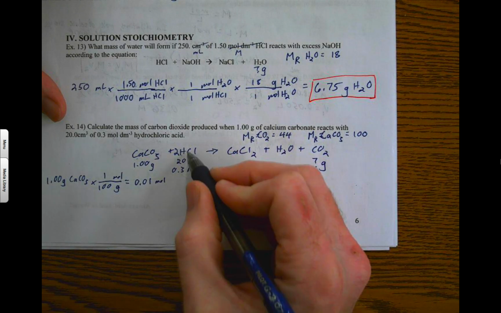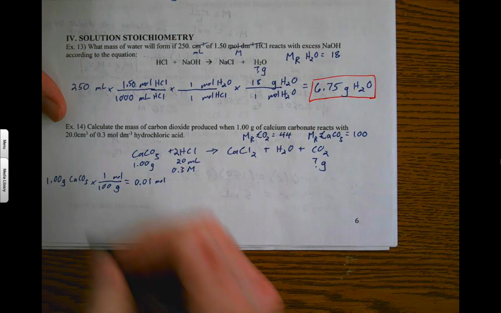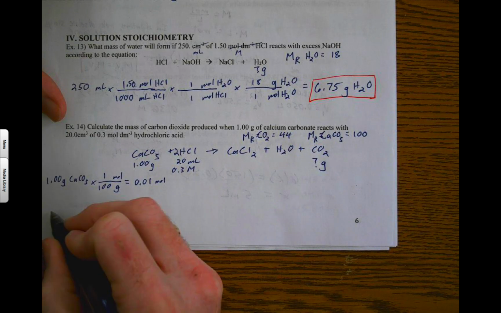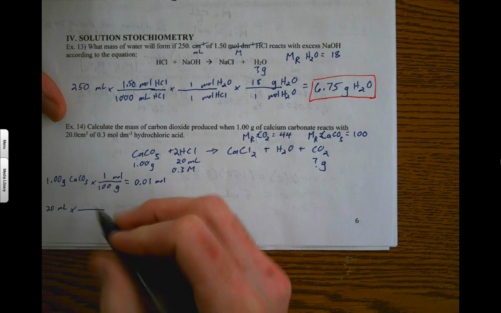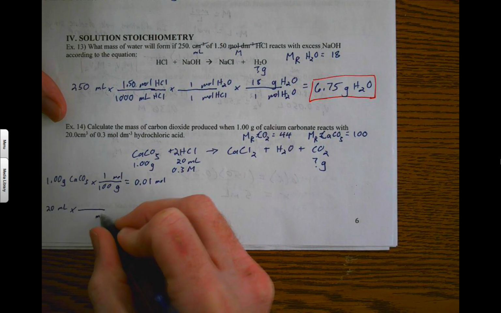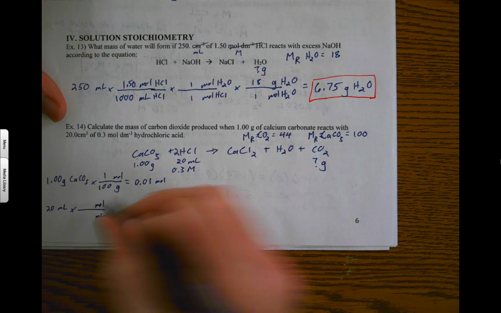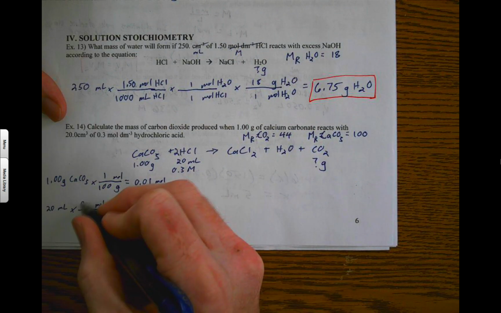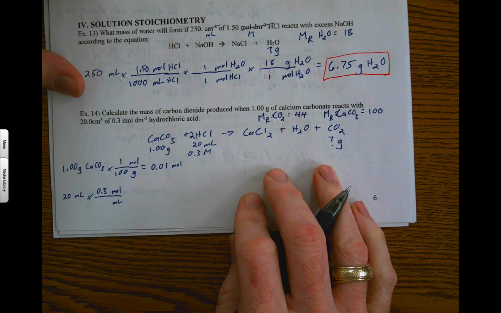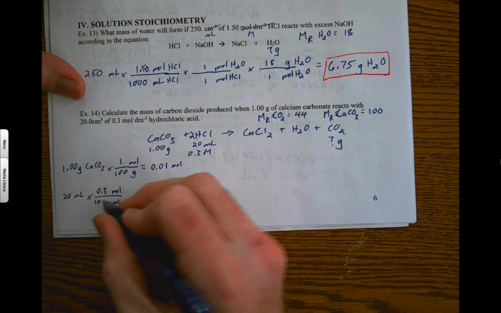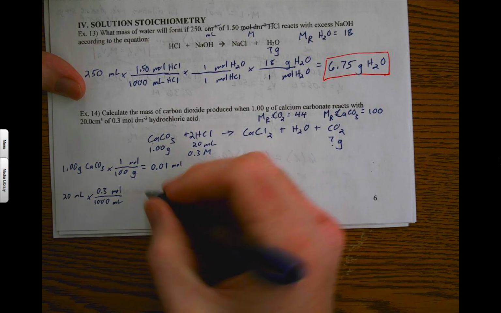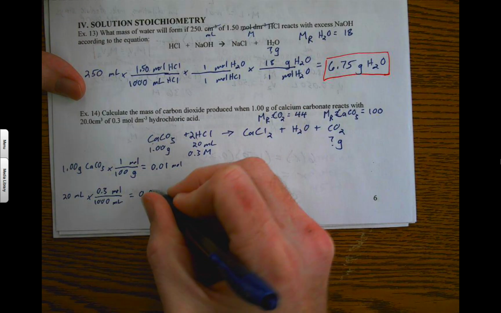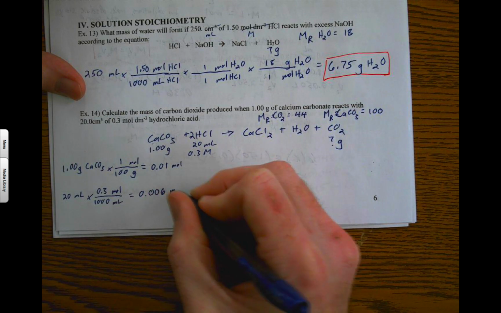And now let's find out the moles of HCl. So we now have 20 milliliters, and I can just change milliliters into moles using my molarity. So that's 0.3 moles divided by 1,000 milliliters: 20 times 0.3 divided by 1,000. And so that's going to be 0.006 moles.